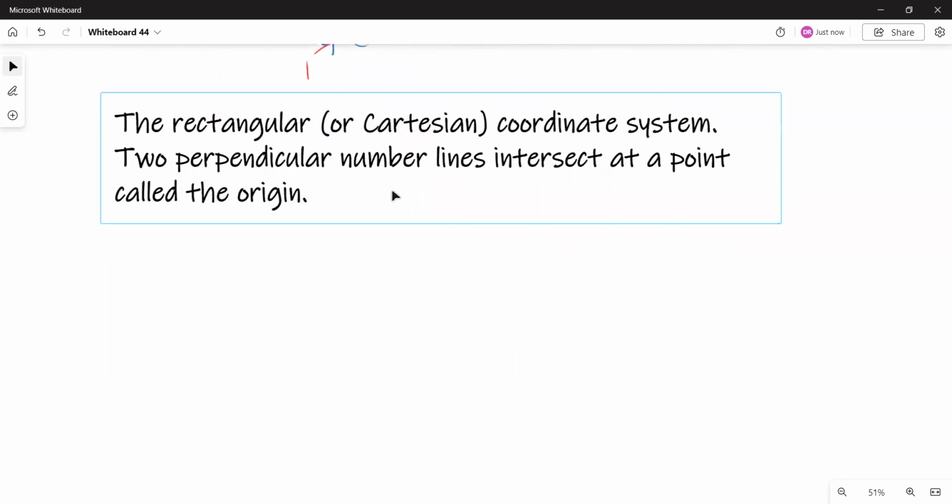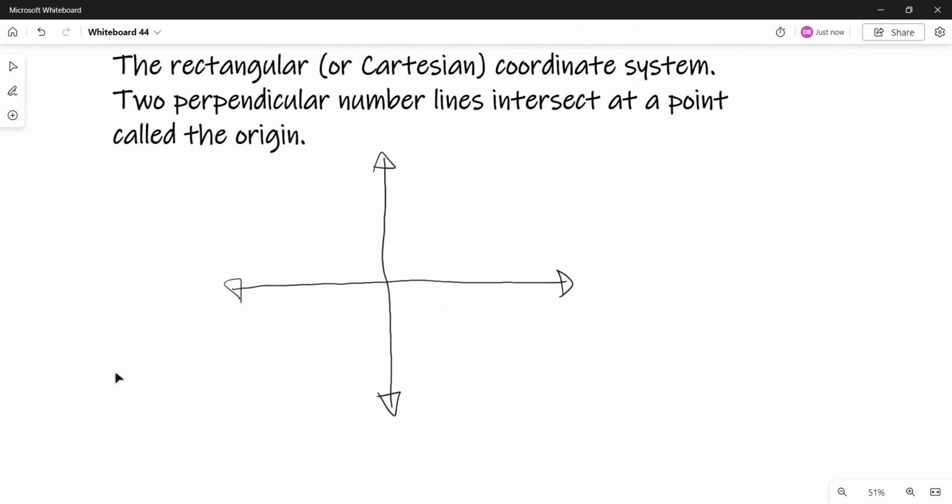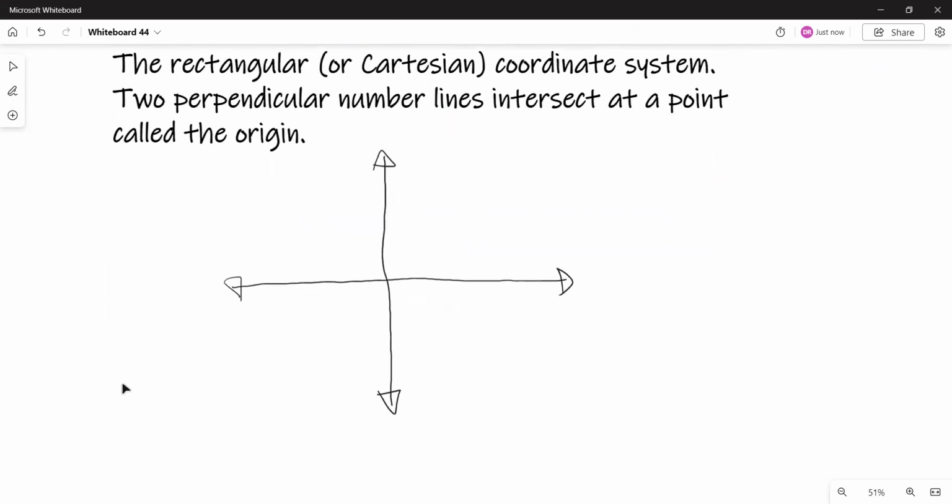And each point, so let me write this. We have two number lines that are perpendicular. One line is vertical, the other line is horizontal. Once we have that, each point corresponds to an ordered pair, XY.